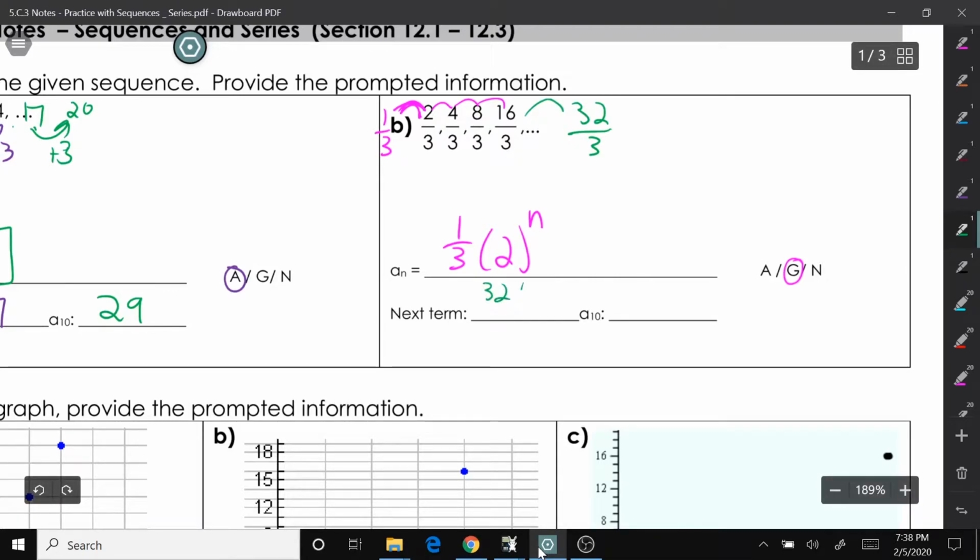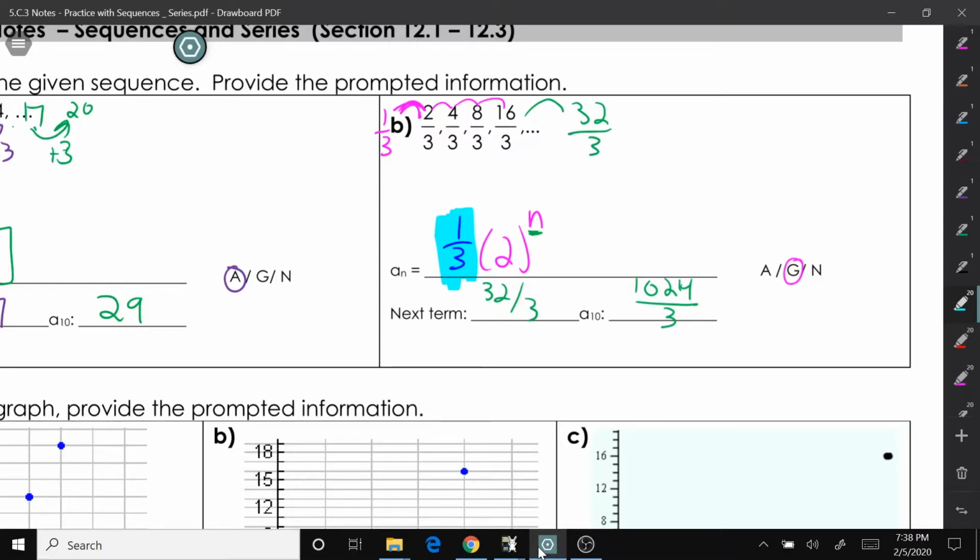So 32 over 3. And then a10, we're going to take the 10 and plug it in for n. And when you do that, you will get 1,024 on top, and then divided by 3, again, because we have this 1/3 in the front. That's why everything is divided by 3.